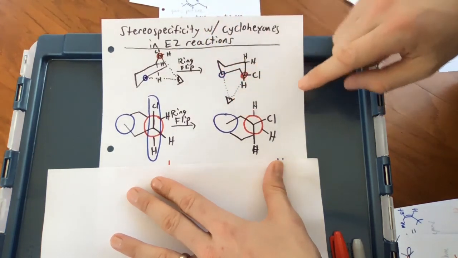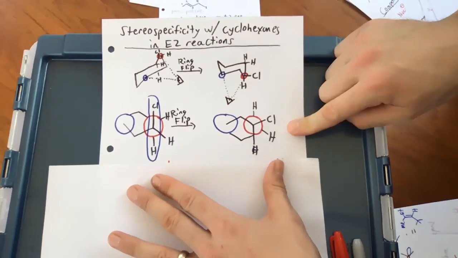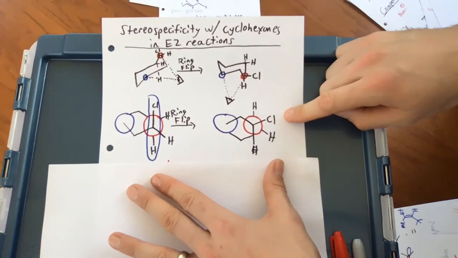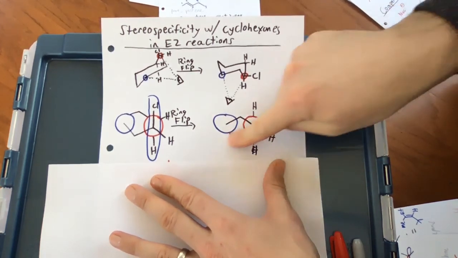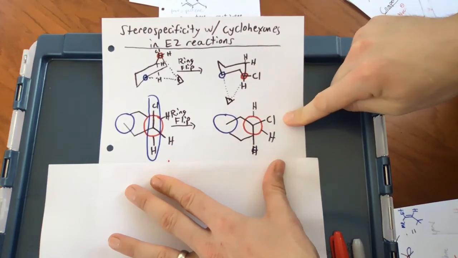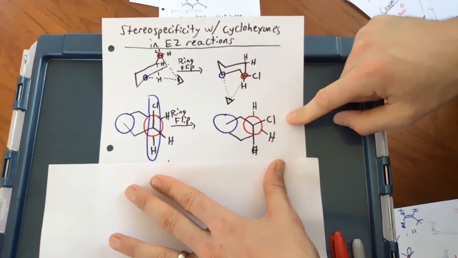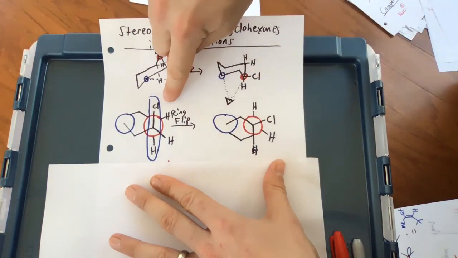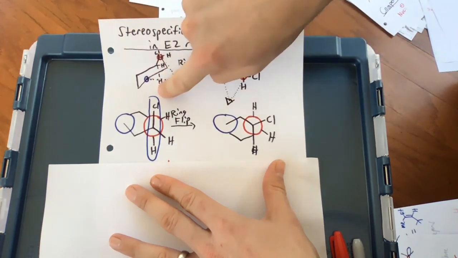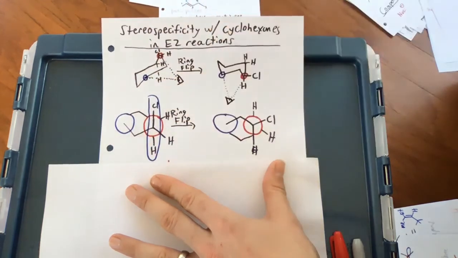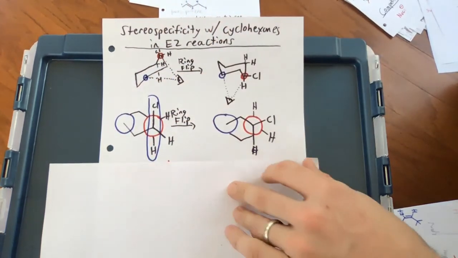We can see that if you have the more favored equatorial position of the chair flip, you actually cannot do the elimination because there is nothing planar to that. There's no hydrogen present that you can eliminate. However, when you're in the less stable ring conformation, where the chlorine is axial, you do have the required planar configuration.